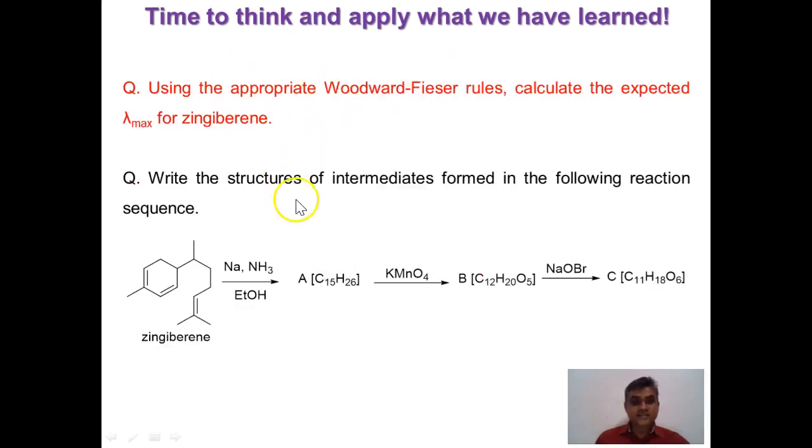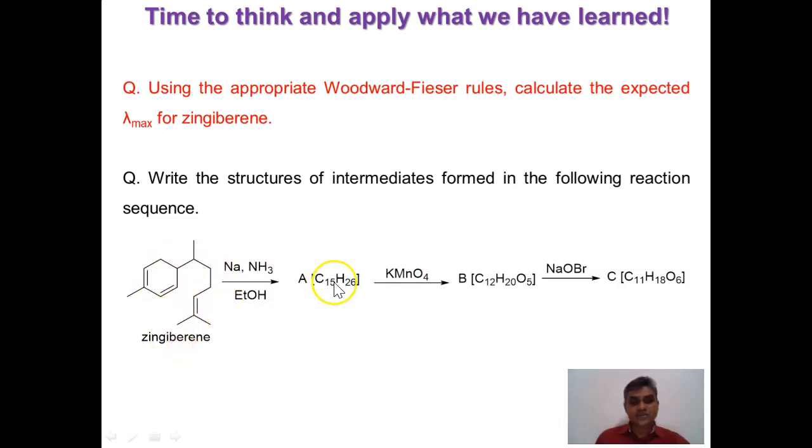Now this last slide is related to the Woodward-Fieser rules, calculations of lambda max applied to the gingiberine molecule. It's a homoannular diene, and therefore students should undertake the application of Woodward-Fieser rules to the gingiberine molecule. And last one here is about haloform reaction, and some Birch reduction involved in gingiberine molecule.